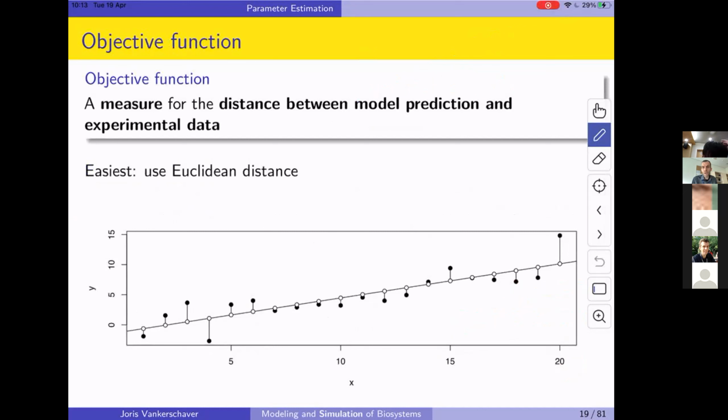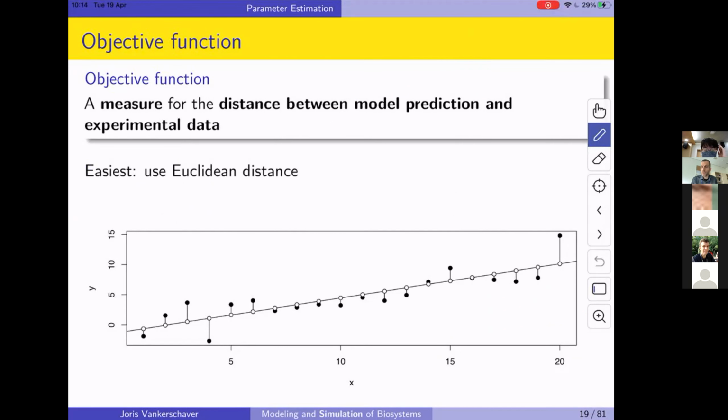So in order to do that, we're going to have to say something about what we mean by best fit, or what we mean by a model fits the data well. Well, in what sense? And in order to do so, we'll define an objective function.